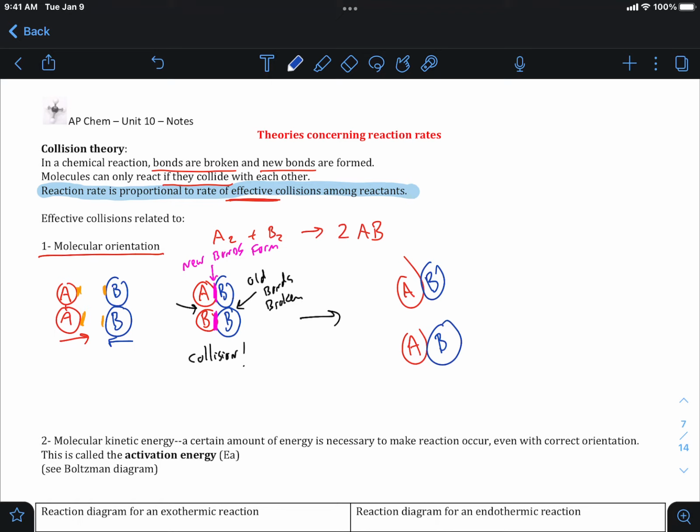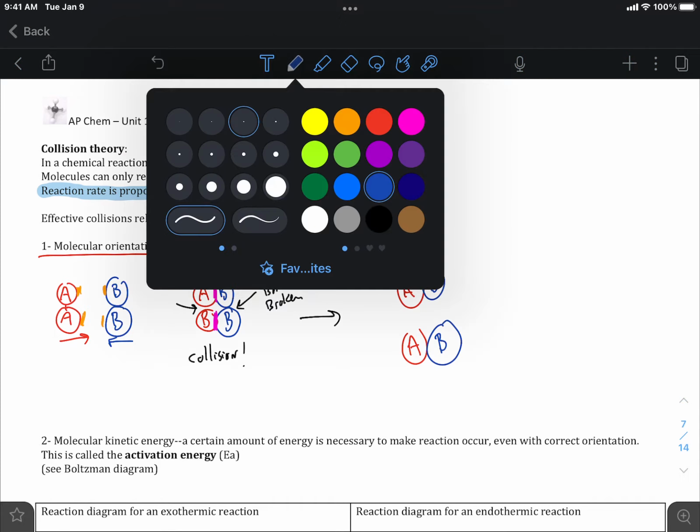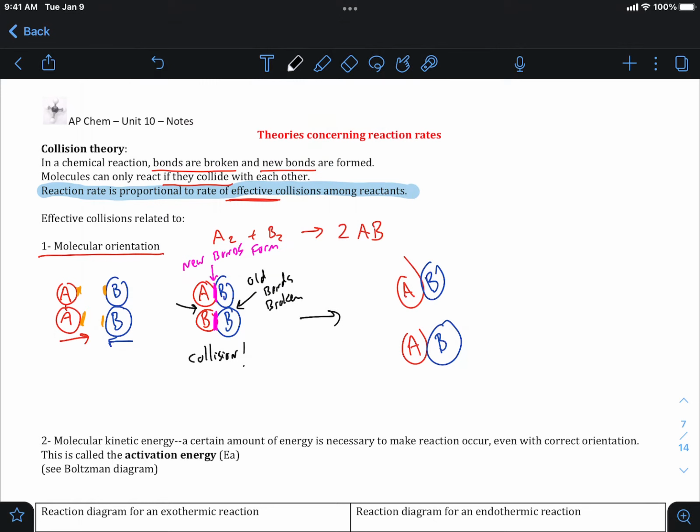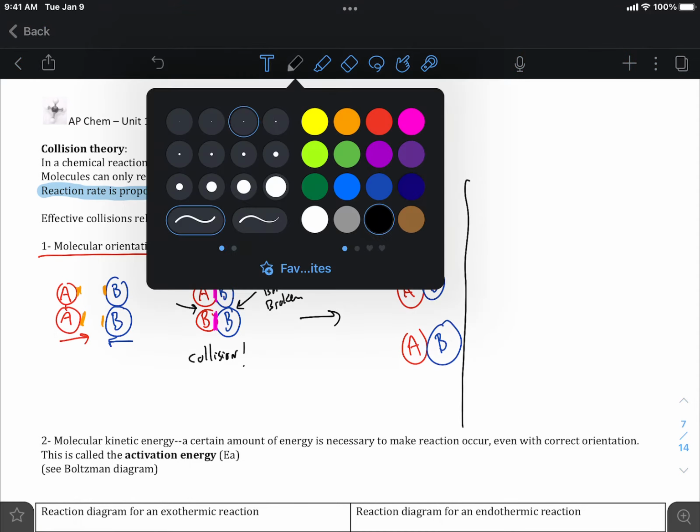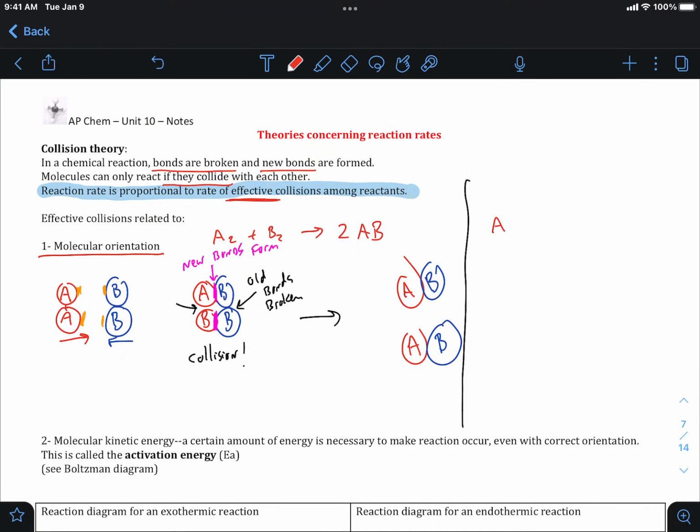So first and foremost, you have to have the proper orientation. Here's an example of improper orientation, right? Let's say that you have the A molecules collide with the B molecules in this manner. Well, while this might be aligned for one of the A atoms to react with one of the B atoms, you're not actually going to get the breaking of the covalent bond within each of the molecules.